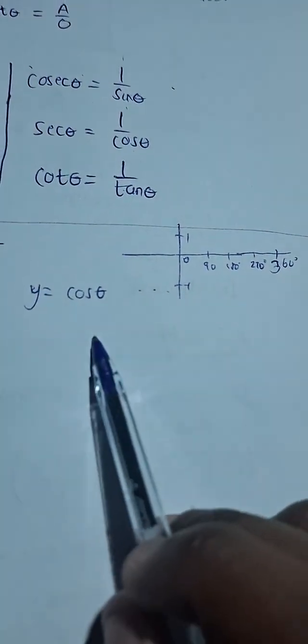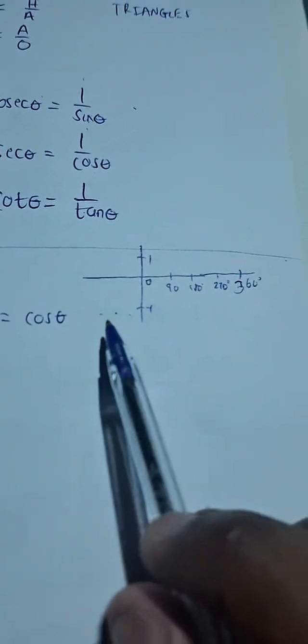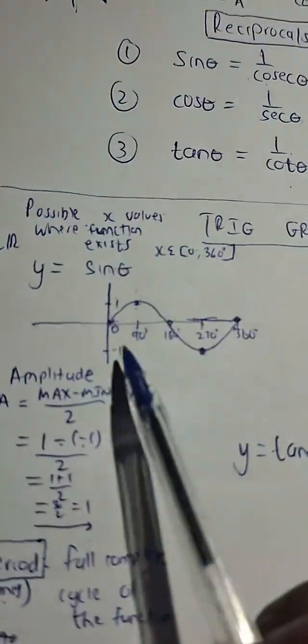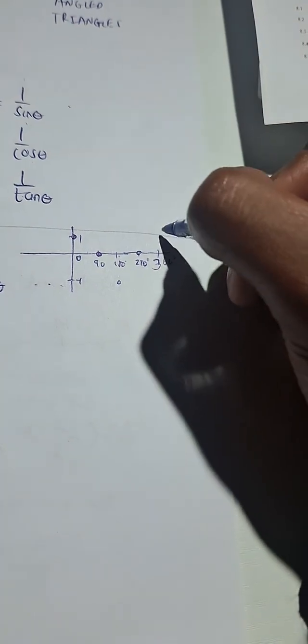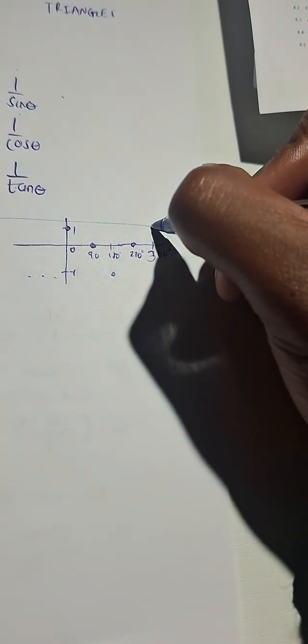Cos graph, you can check quickly. Cos 0 is 1. Sine 0 is 0, but cos 0 is 1. Cos 90 is 0. Cos 180 is negative 1. Cos 270 is 0. Cos 360 is positive 1.